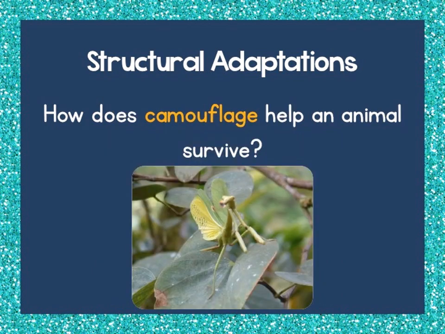What about camouflage? So this insect that we see here is the same color as its habitat. So camouflage helps an animal survive because it allows it to hide from its predators or trick them.